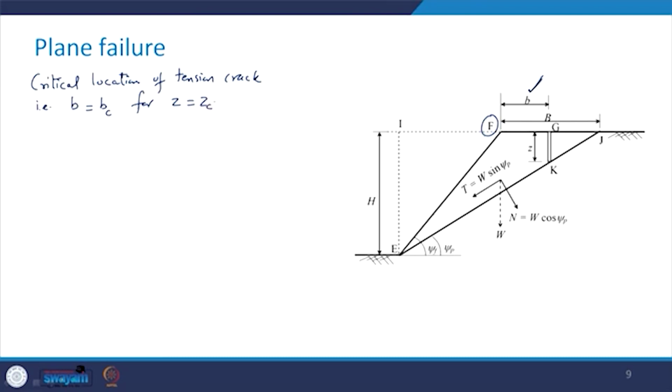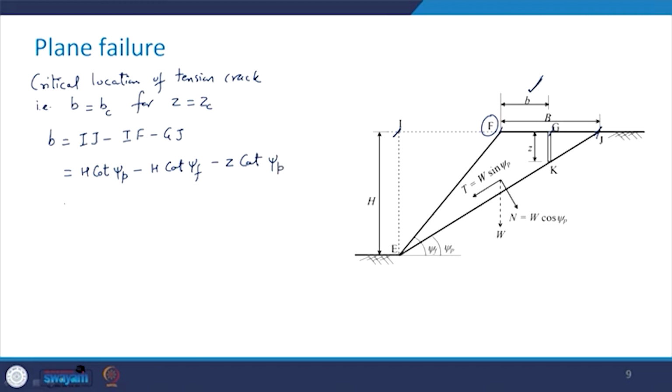So, now can we define this b? So, b is going to be equal to IJ minus this distance IF minus GJ. You see this b is going to be this distance minus this distance and minus this distance. So, let us write that h cot ψp minus h cot ψf minus z cot ψp.